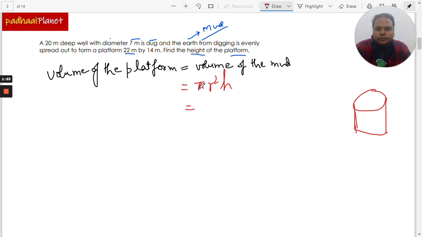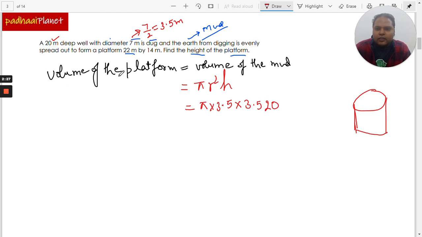Now that is pi, and we know that the radius of the well will be 7 over 2, so that means 3.5 meter, right? So this is multiplied by 3.5 multiplied by 3.5, and the height is the depth of the well, which is 20, right?